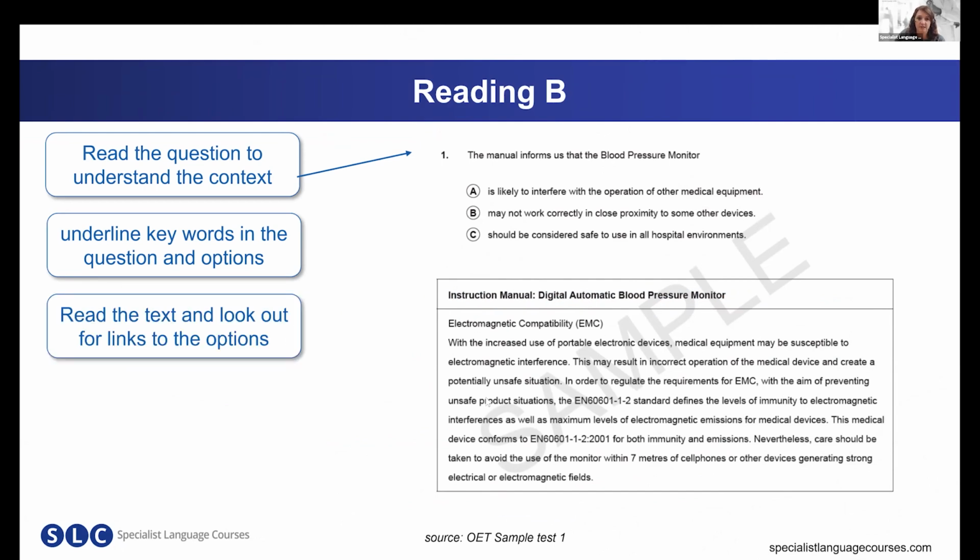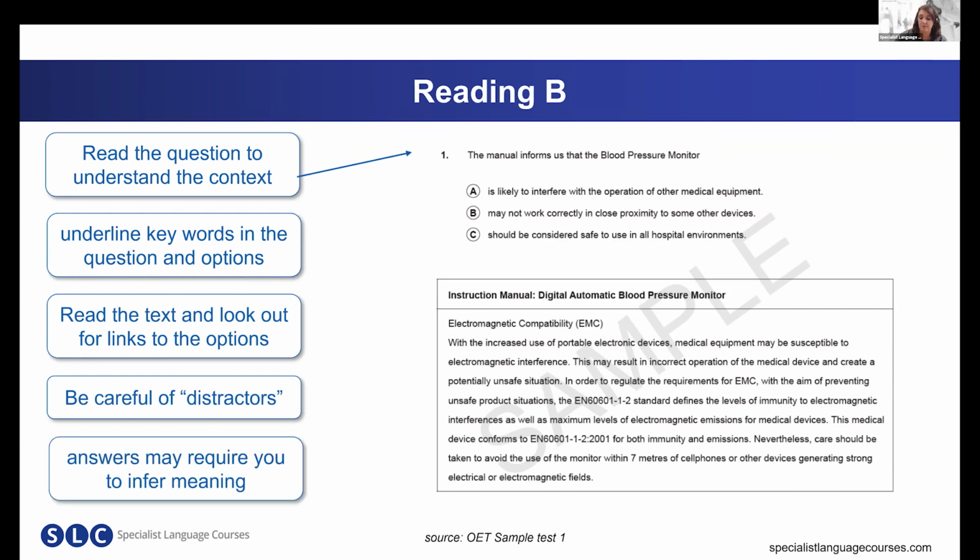Then you should read the text and look out for links to the options A, B, and C. Be careful of distractors. Those of you who are familiar with multiple choice questions know that distractors are answers that look like they could be correct, but when you read more carefully, you discover that they're not actually the correct answer.